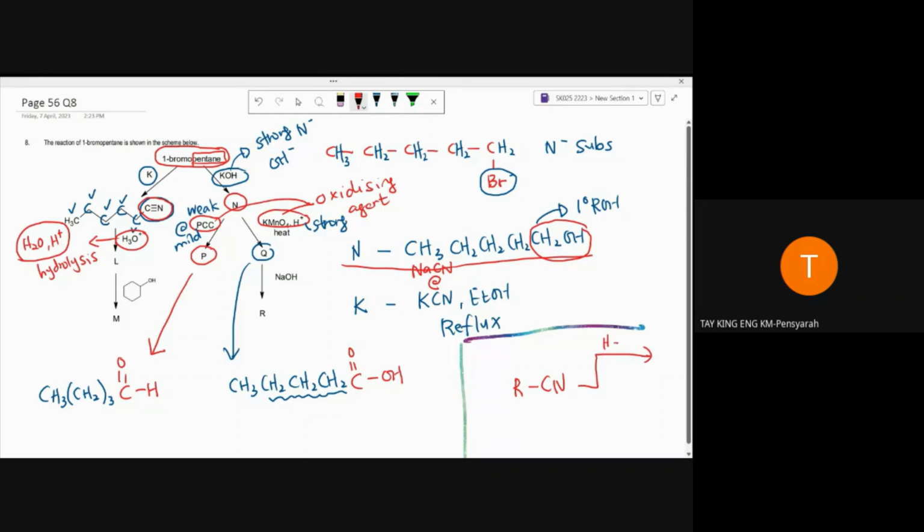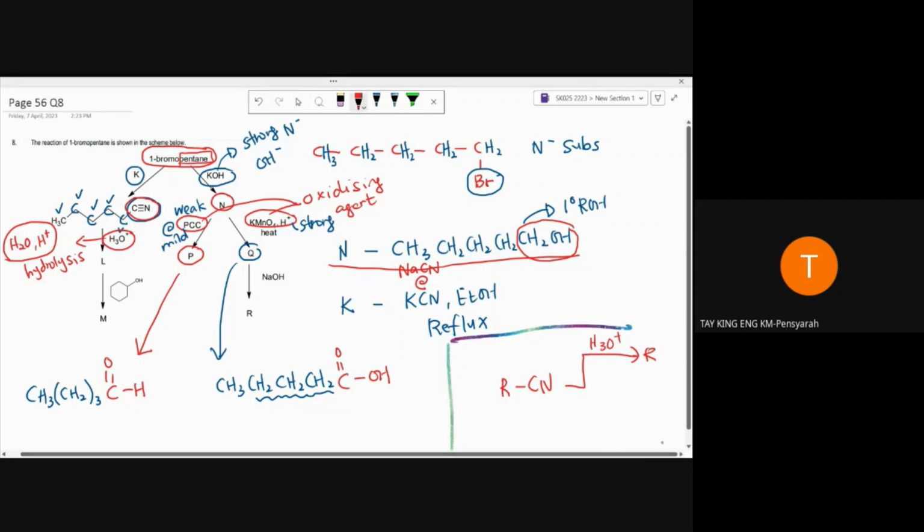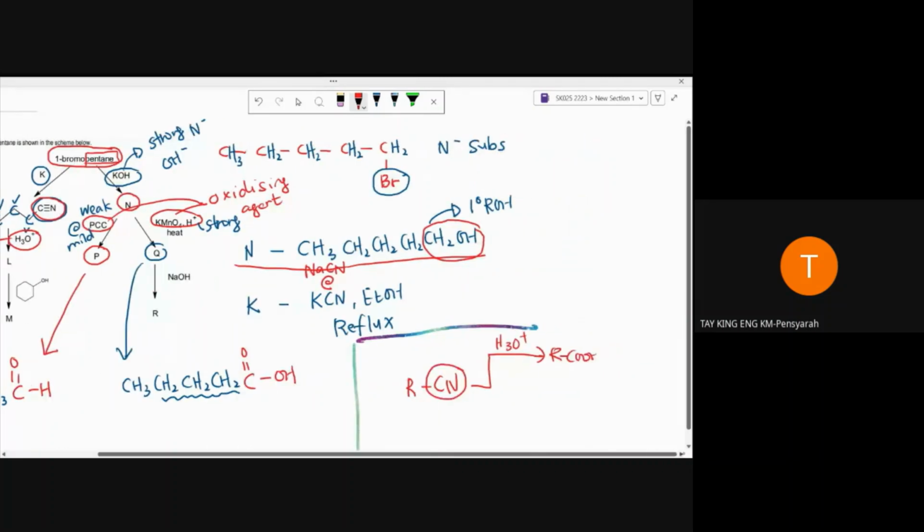Kalau dia undergo hydrolysis, dia akan hasilkan carboxylic acid. Bahagian CN ini akan jadi COOH. Okay. Another reaction adalah reduction, lithium aluminium hydride followed by hydrolysis. So you akan hasilkan amine.